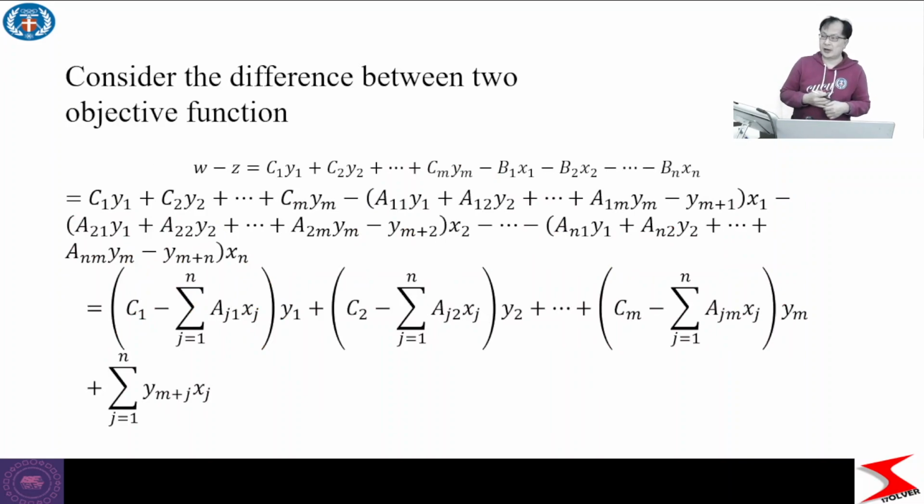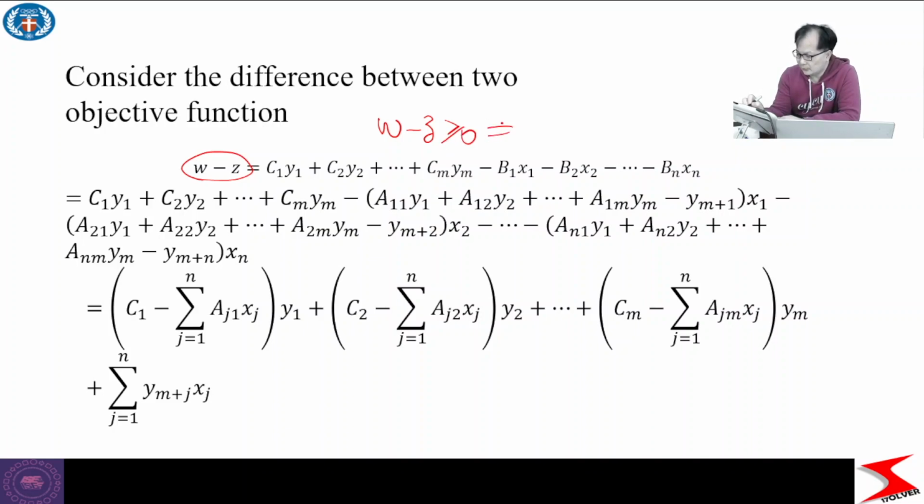And now we try to compute W minus z. The final result we want is W minus z greater than or equal to 0, and then we get W greater than or equal to z, which is what we want for the weak duality theorem. So W minus z: here is the objective, and here is the objective as well.